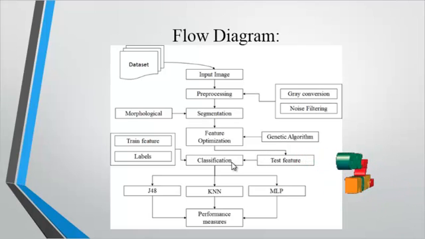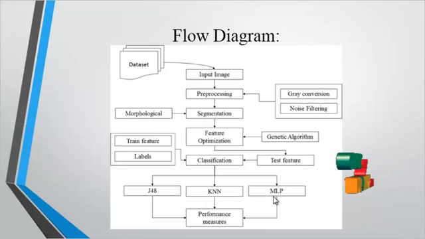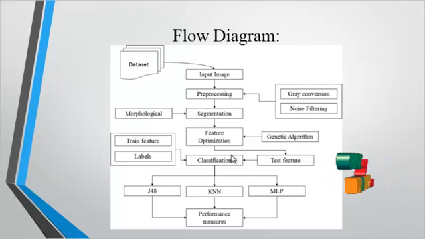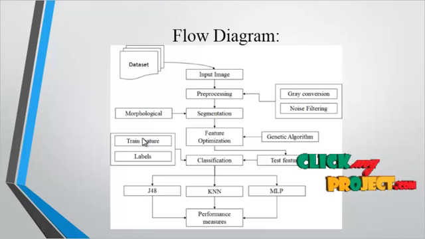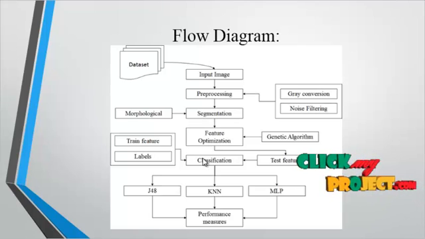Then the classification is done using three classifiers: J48, KNN and MLP. In the classification process, we have to give three inputs: first the train feature, then the test feature, then the labels. These three undergo input for the classifiers.